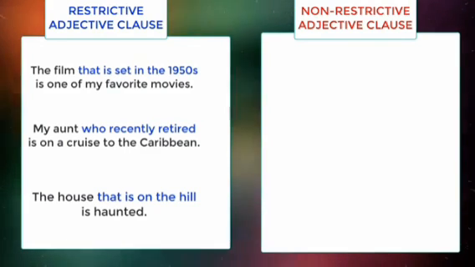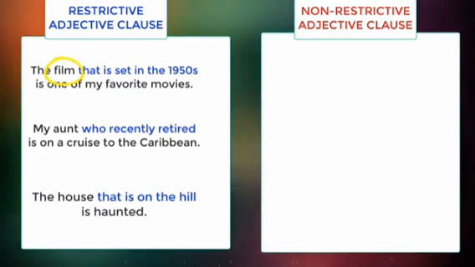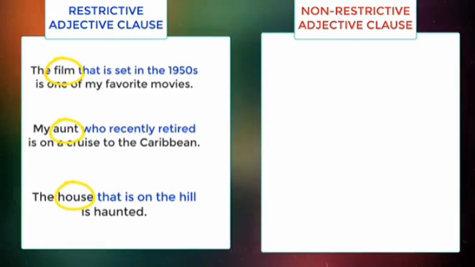In the restrictive adjective clause there, we cannot omit the adjective clause because there are so many films. If we do not give an additional description, then it cannot be clear which film, which aunt, which house.